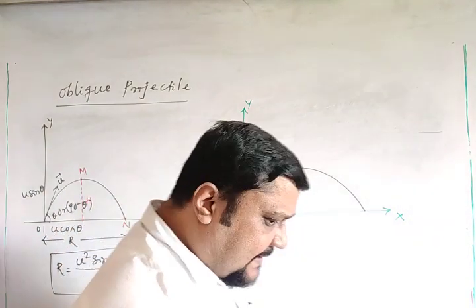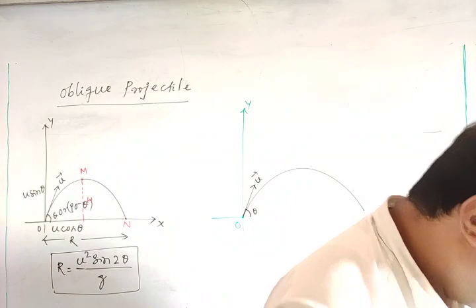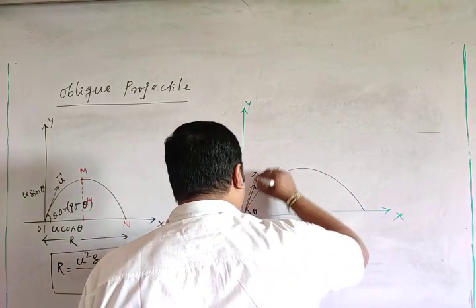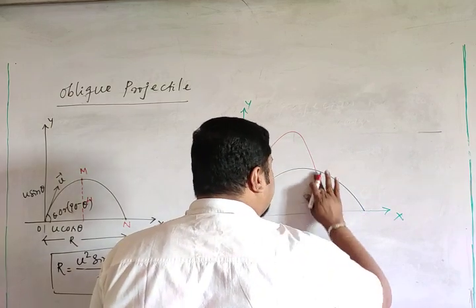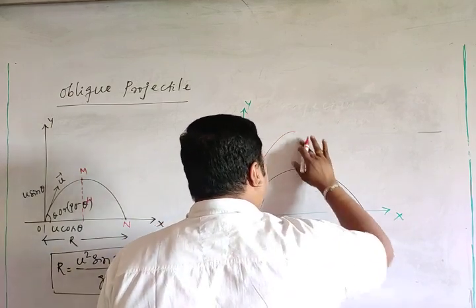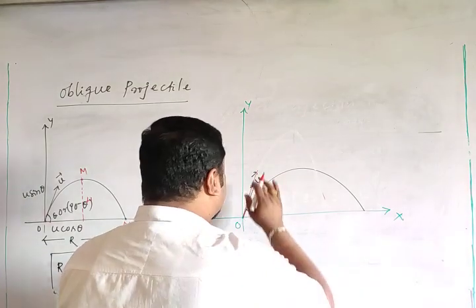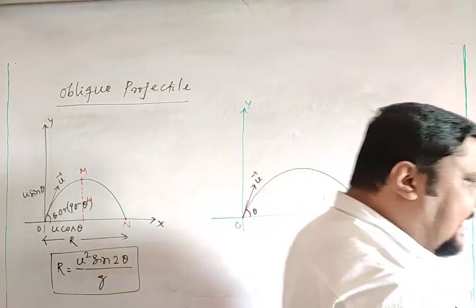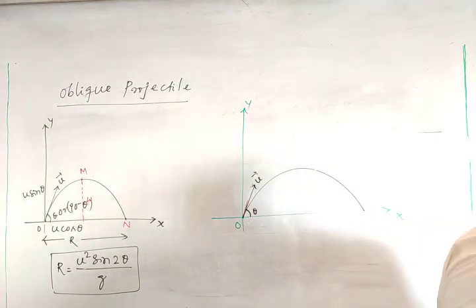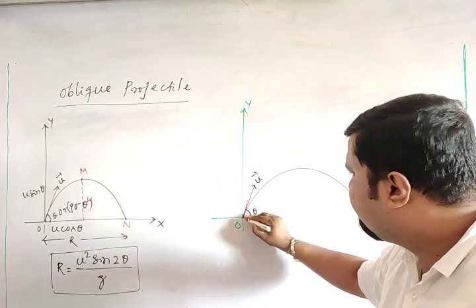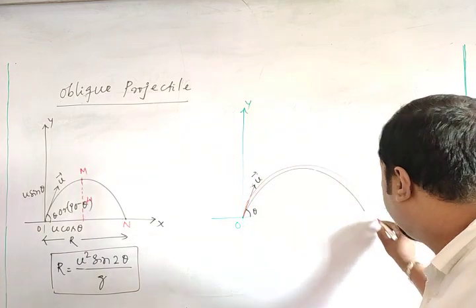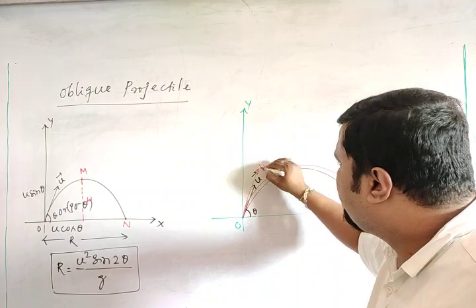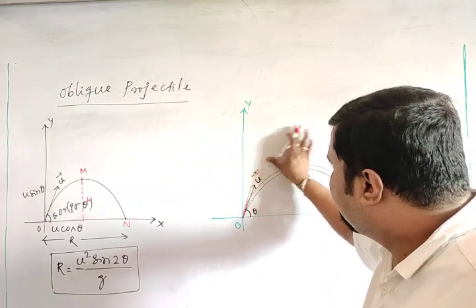So in this case, I will throw it at an angle of 45 degrees. If it is thrown at an angle of 45 degrees, it is in between, like this. So this is the angle, 45 degrees.